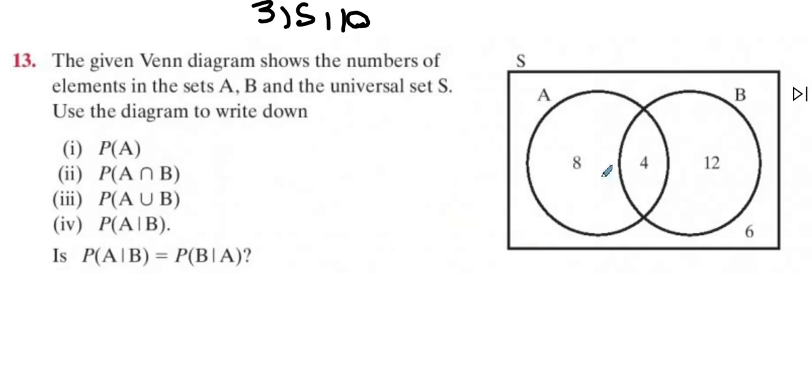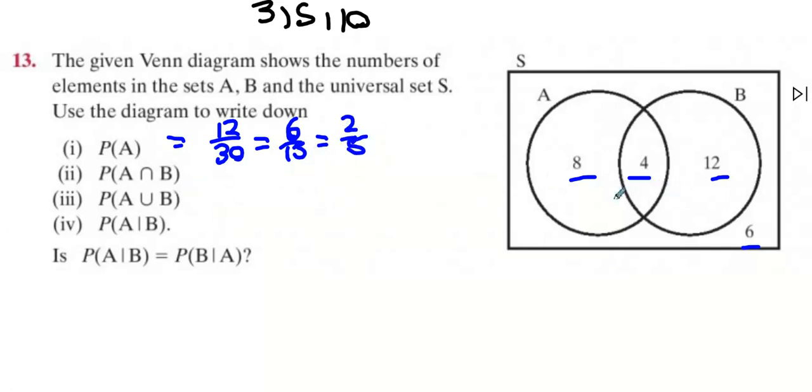Probability of A. How many people in total? 30. How many people inside of A? 12 out of 30, which is 2 out of 5.